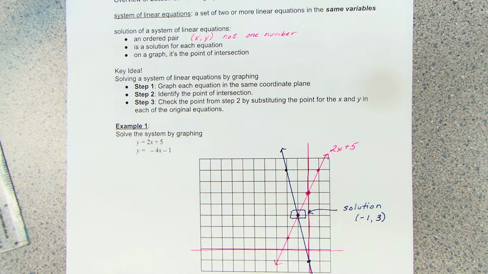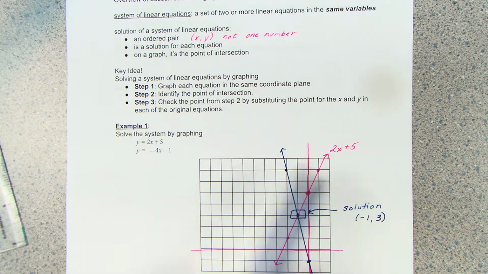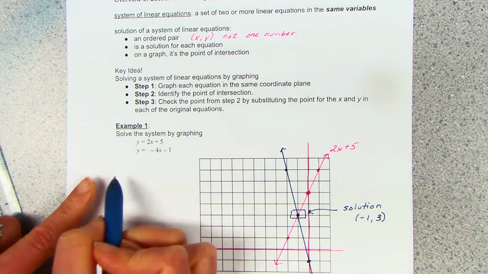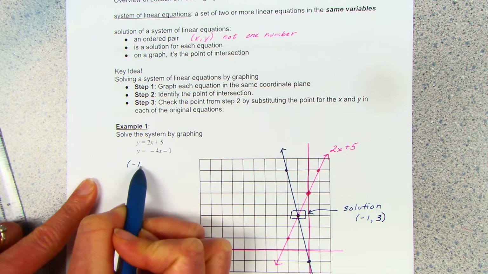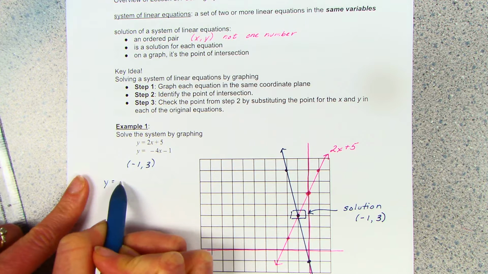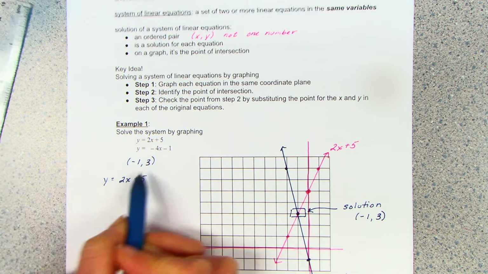Okay, so if we look back at our definition, is that an ordered pair? Yes, it is. Is it the point of intersection? Yes, it is. Let's check and make sure that it makes both of those equations true. So my solution, I think, is negative 1, 3. Let's substitute it into y equals 2x plus 5.